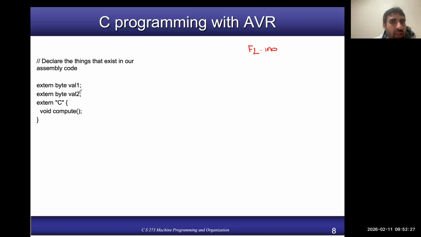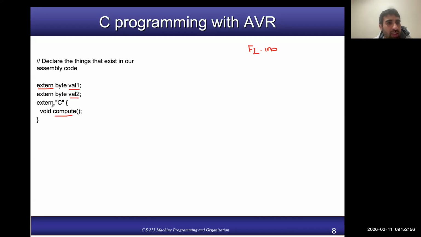So first I need to tell my compiler about these symbols, since I'm writing the program in C, right? That's why I need to use the keyword extern, to tell my compiler that these variables val1 and val2 are defined in another file within the same program. And compute is also defined in another file, right?